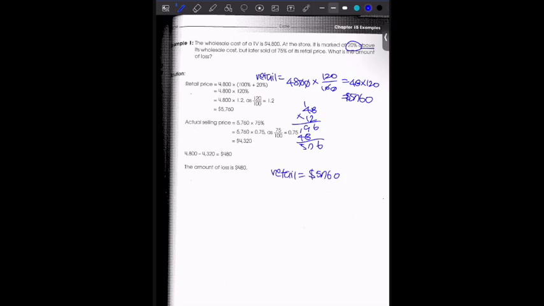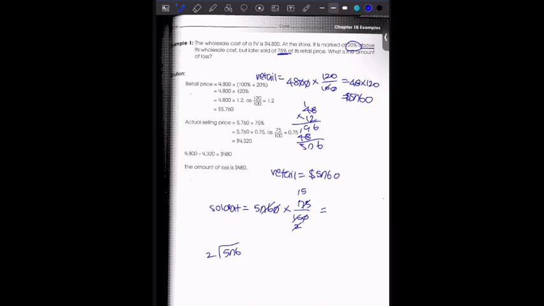And so we know that the retail price is $5,760. But later on, it's sold at 75% of the retail price. So the price it's sold for is going to be 5,760 times 75 over 100. And so that is going to be, we'll just get rid of the 2.